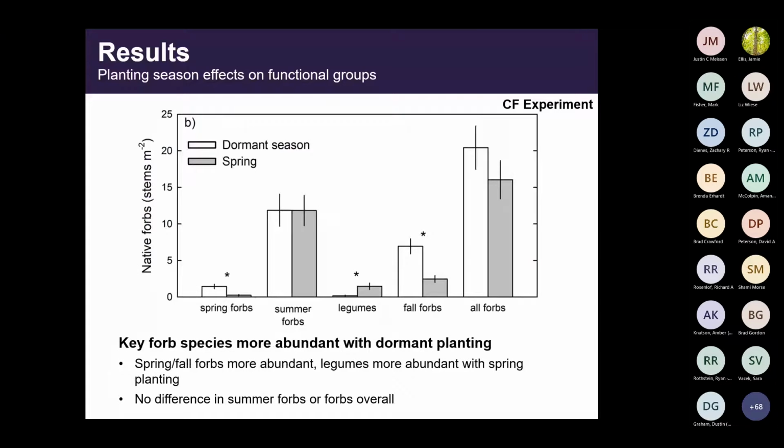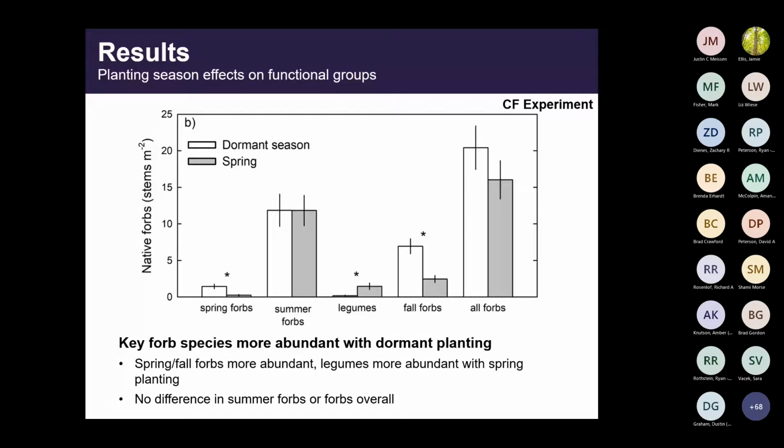Okay, so now let's look at forbs. So again, a similar graph, forb stems per square meter on the y-axis and different forb functional groups on the x-axis. And here we're seeing a range of responses. So when we're planting in the dormant season, we get more spring forbs and fall forbs.